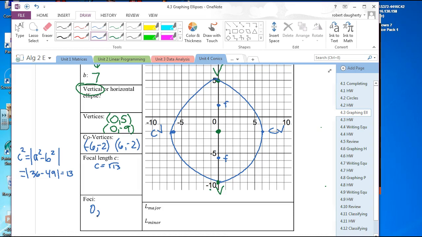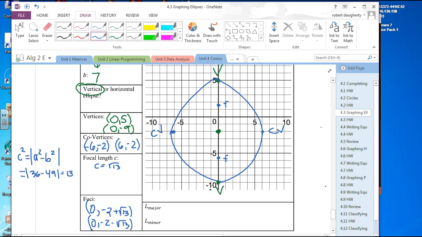I go up how much? Square root of 13 from where? From the center. So this is (0, -2 plus square root of 13). That is one of the focus points. Okay. So it's 0 and -2 plus root 13. That gets me to the first focus. What's the next one? (0, -2 minus root 13). That's the next focus point.